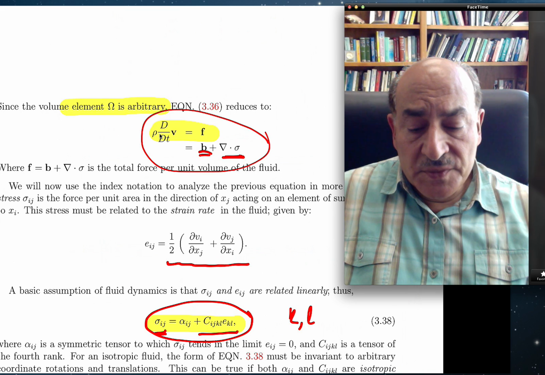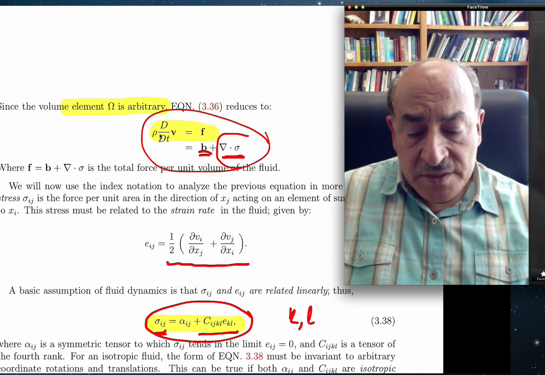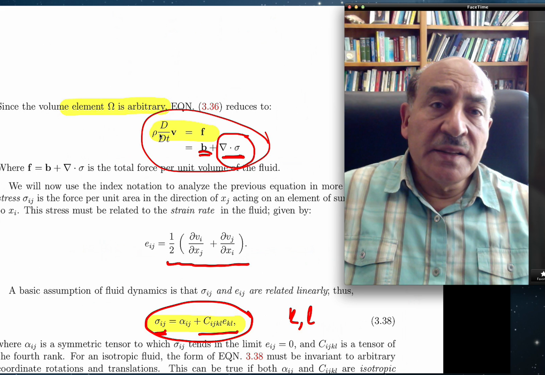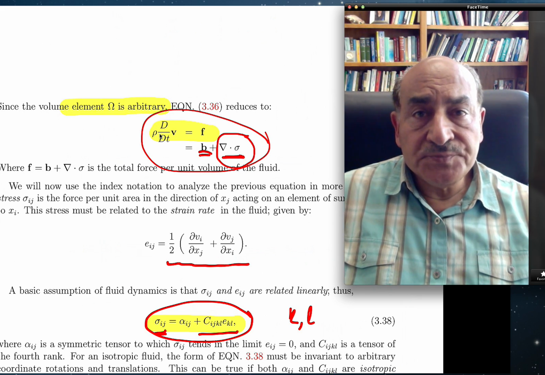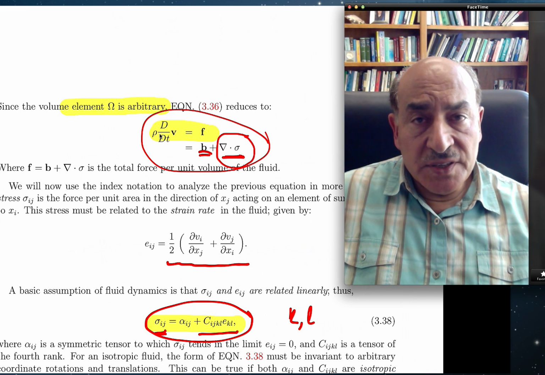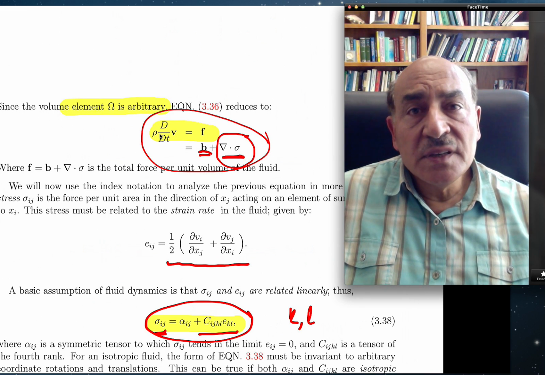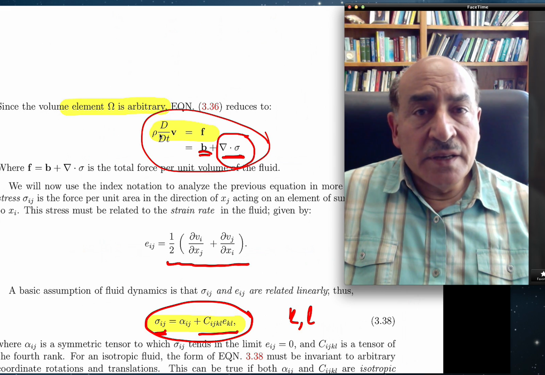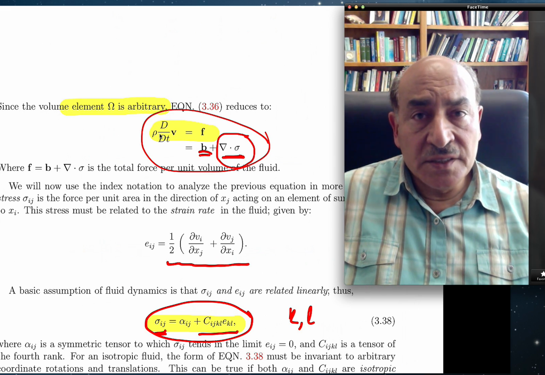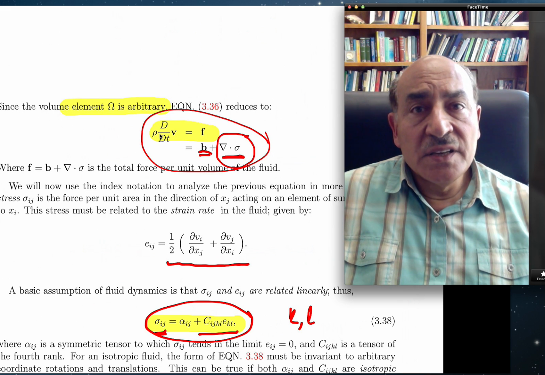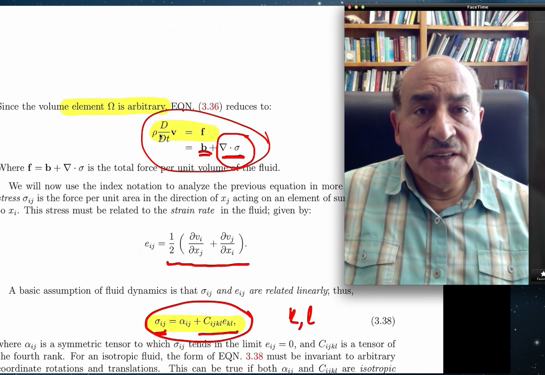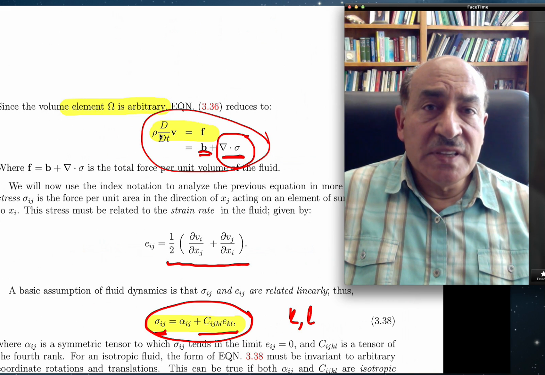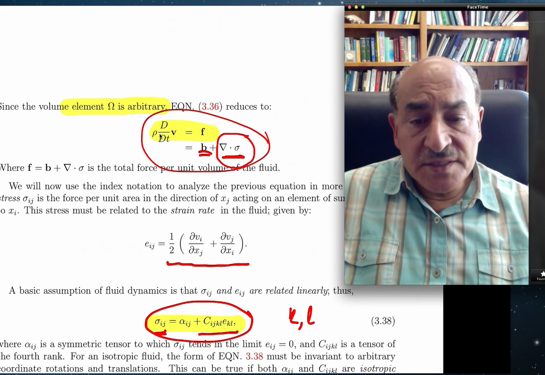The term that took us so long is the divergence of sigma. And for the divergence of sigma, we had to start with a linear relationship between the stress and the strain rate, or the velocity gradient, and then argue that you have invariance under rotation and translations to obtain isotropic tensors, the delta ij for the pressure, and then another isotropic tensor that's associated with the viscosity.